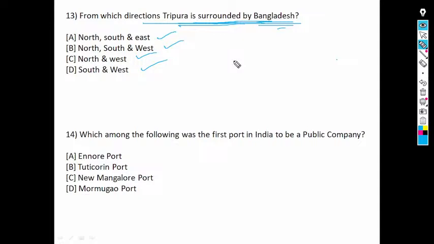North, south, and west. Tripura is surrounded by north, south, and west particularly.